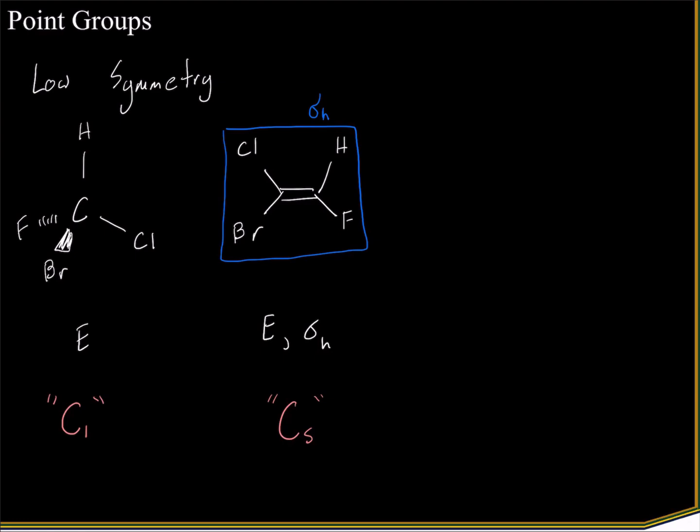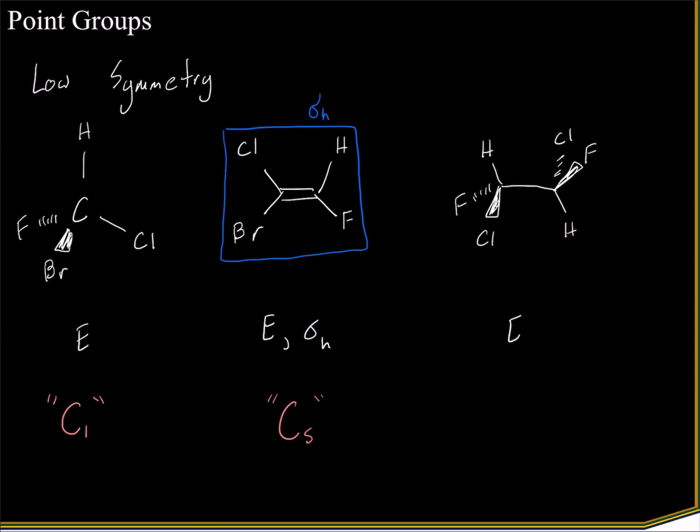Okay, our last case is if we look at something that is a functionalized ethane, a molecule that should look kind of familiar to us. We have the same kind of staggered conformation that we were looking at before. This molecule doesn't contain a reflection. It doesn't contain any rotational axes.